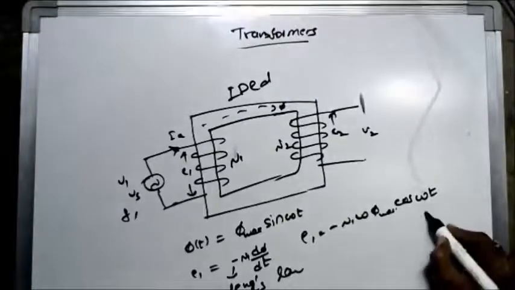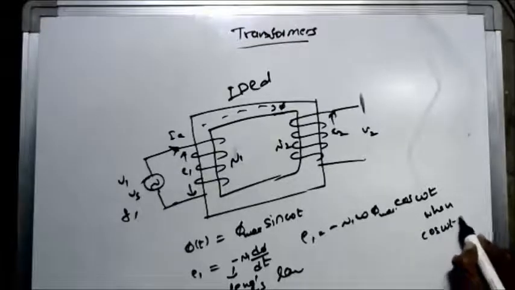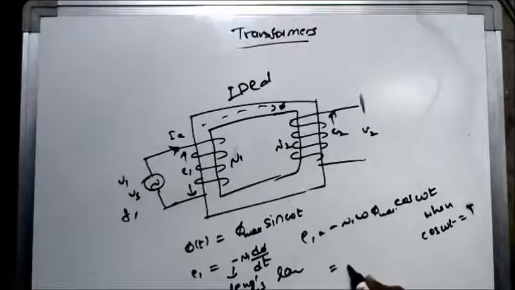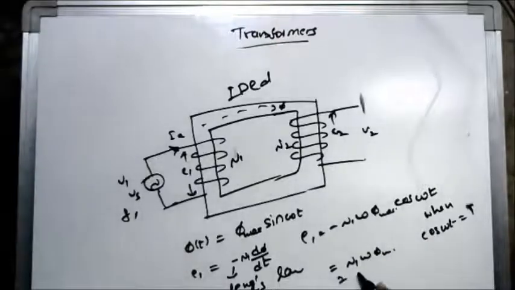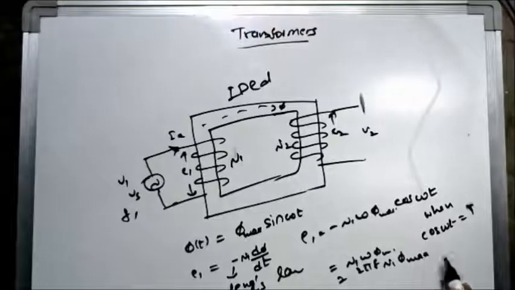When cos omega t is equal to 1, this is the maximum, that is equal to N1 omega phi maximum, that is 2 pi f N1 phi maximum. This is the induced EMF in the primary winding. Now take the RMS value of this voltage.